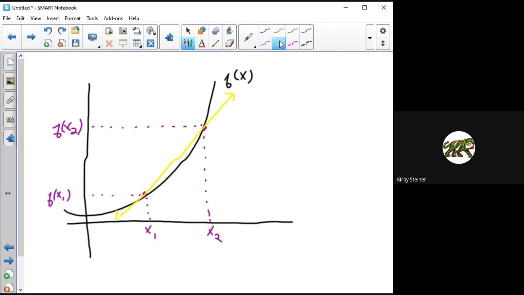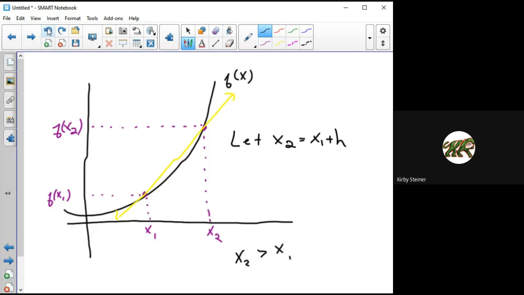So essentially, this is what we're doing here. But let's redefine a few terms. Let x2 equal x1 plus h. Looking at this graph, I know that x2 is greater than x1.